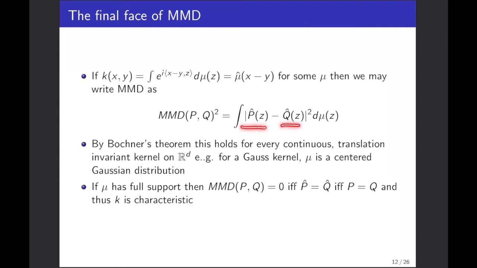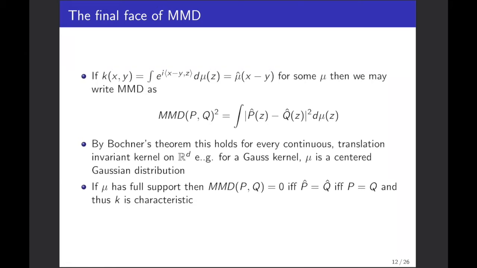So we've got the distance here squared, and it's weighted by mu. This is why mu is sometimes known as the spectral density of K. This might look like a bit of an esoteric object. However, by Bochner's theorem, for every kernel K that is continuous and translation invariant on R^d, there is such a mu.